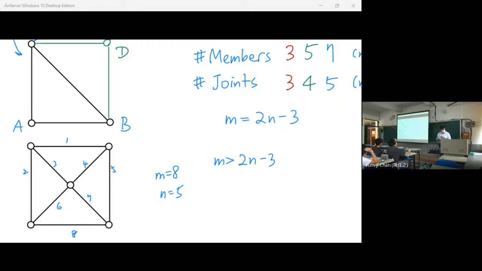What happens? Okay, let's take an example. If we have a force F here going in this direction, acting on this joint, this part will have compression, and this one will have tension.